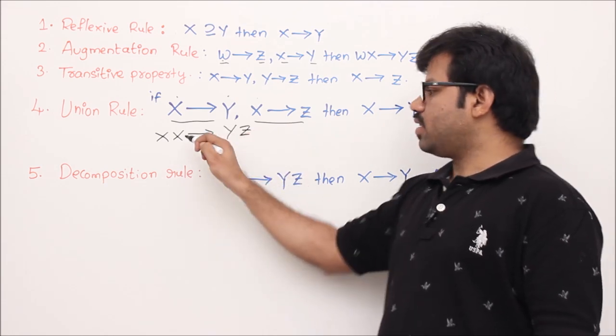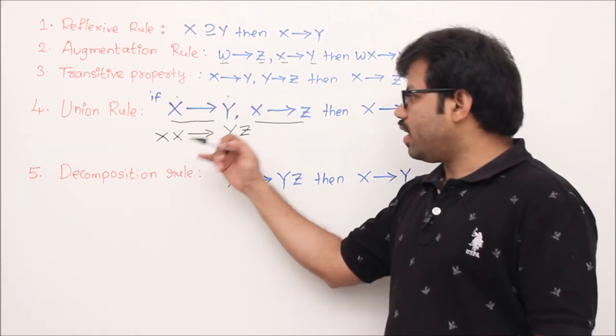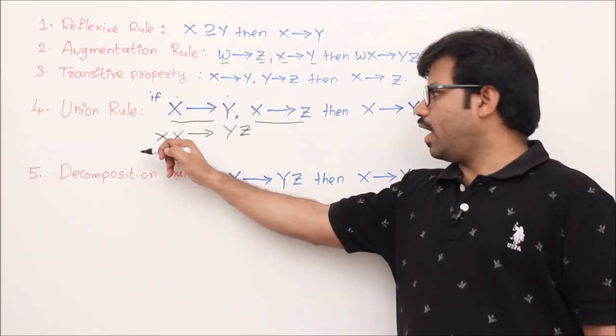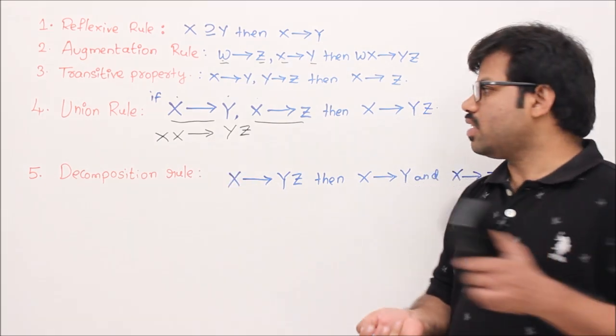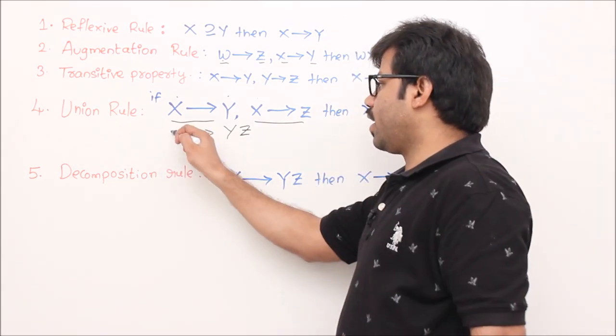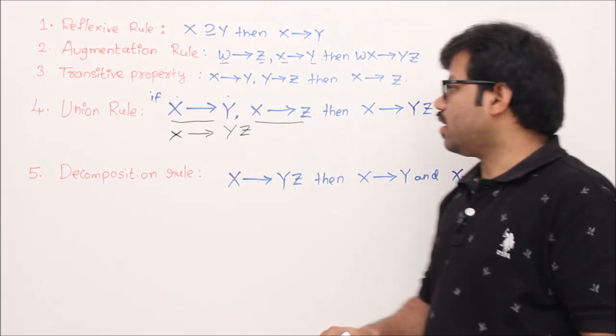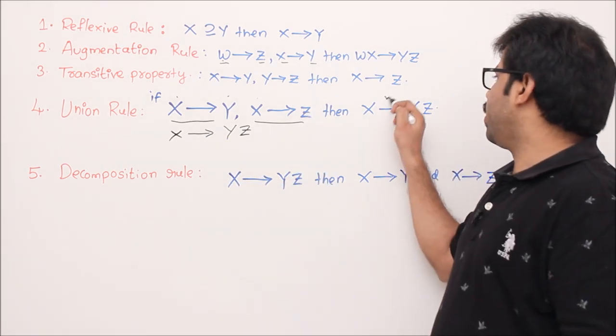What's the meaning of XX? Is it X squared? It's not multiplication, right? It is nothing but taking all the attributes of X and all the attributes of X. So finally we have to do a union here, right? Union is appropriate. So XX means X union X, which is nothing but X. Finally, I can say that X determines YZ. Understand? So we got it.